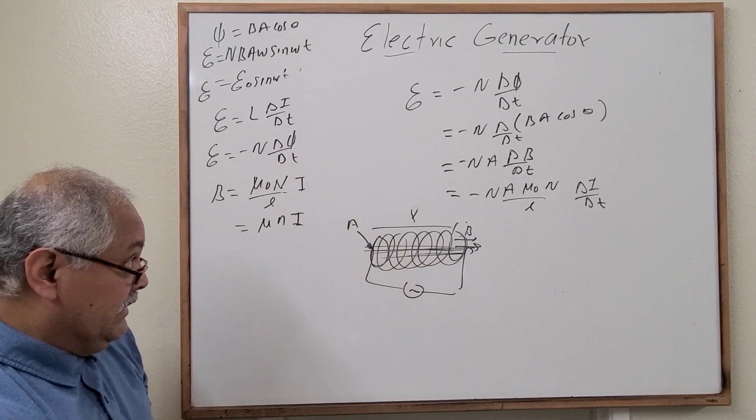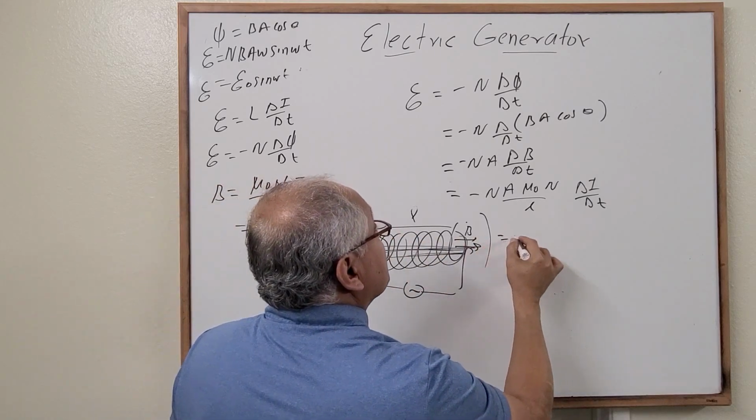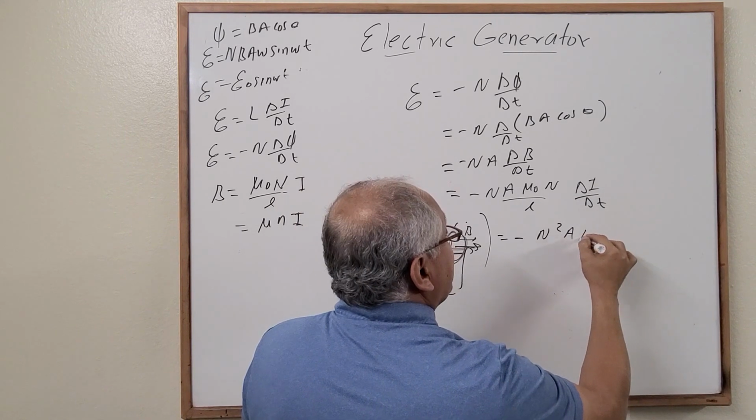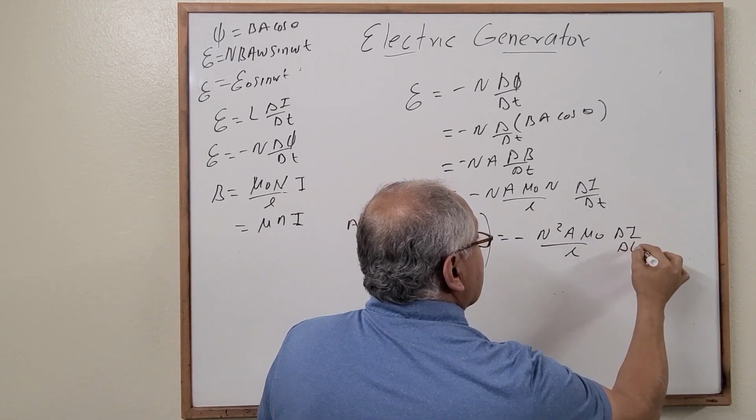Okay, perfect. And then this is equal to negative N squared A mu naught over L, times the changing current with respect to time.